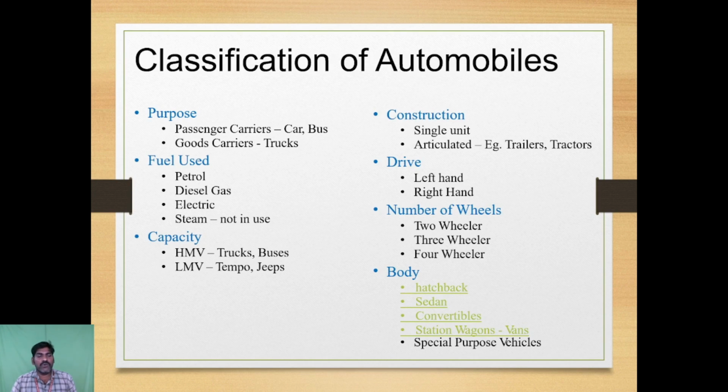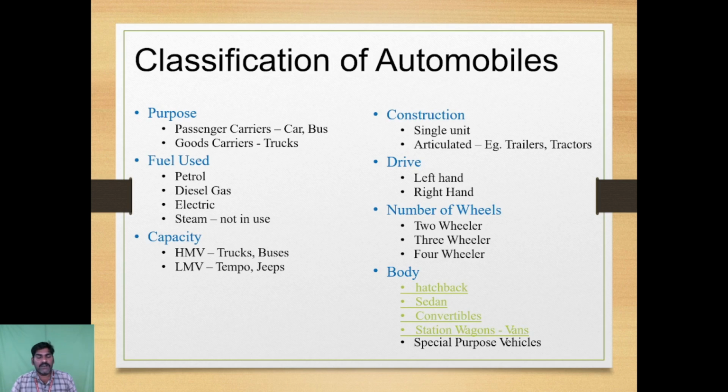Capacity: HMV, heavy motor vehicle, such as trucks and buses, and LMV, light motor vehicle, such as tempo and jeeps. Construction: single unit, and articulated, for trailer and tractor.